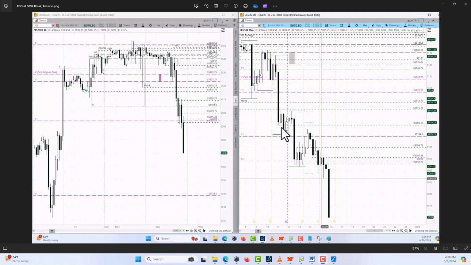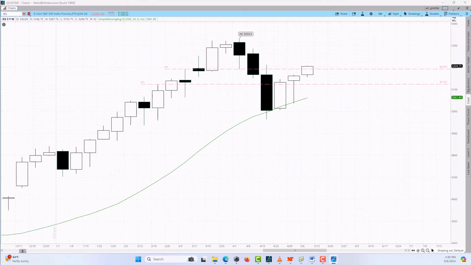You have the first leg down, and then you break that level, and then you reverse it back right away, and then you have two hanging retests from above, and then boom, the second leg down. So let's see how it's going to play out for this scenario.